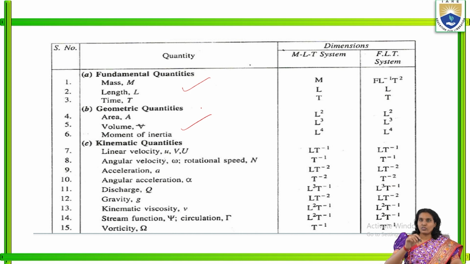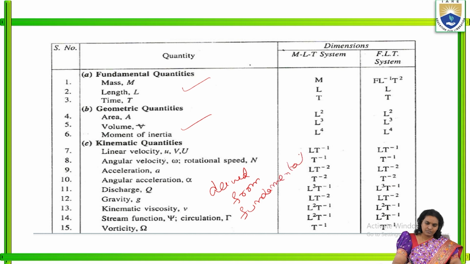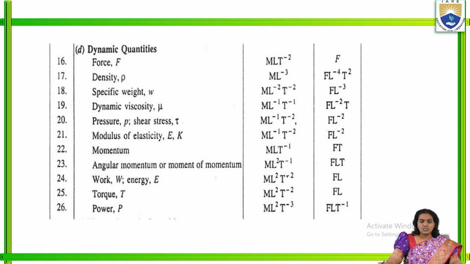Based on that, now we are understanding this model analysis in a better way. These are the dimensions which we derive from fundamental quantities, and they may differ in different ways.